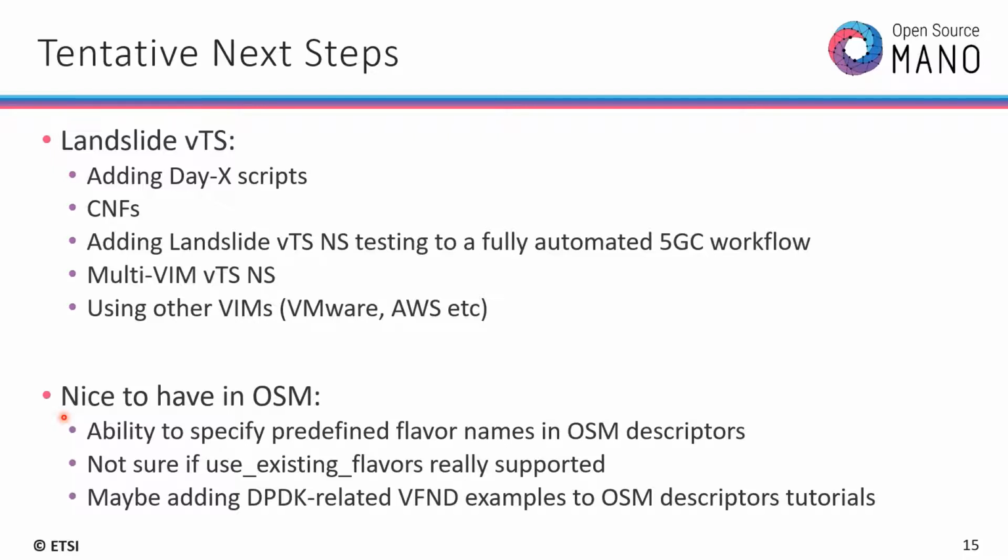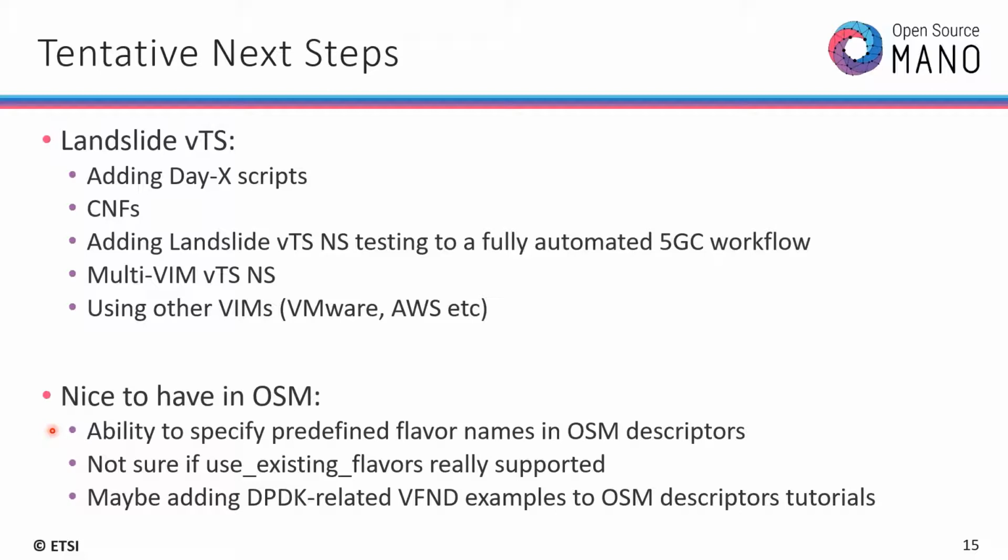We think it could be nice to have the ability, when we know the VIM that we are going to use and we know that a specific flavor is already available in that VIM, to specify directly the name of the flavor in the VNFD. So that was just something to propose.